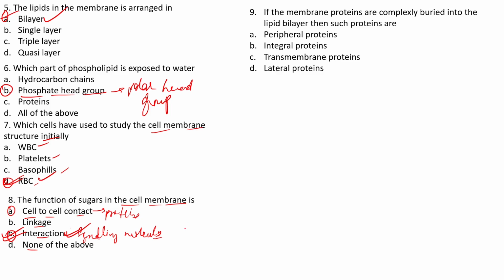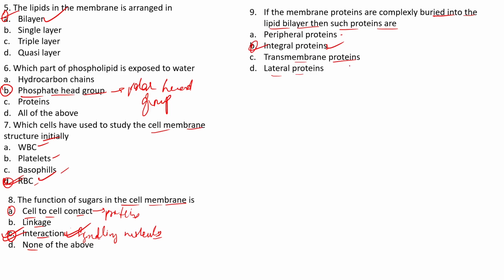So next question, if the membrane proteins are completely buried in the lipid bilayer, then such proteins are peripheral proteins, integral proteins, transmembrane proteins, or lateral proteins. The answer is integral proteins.